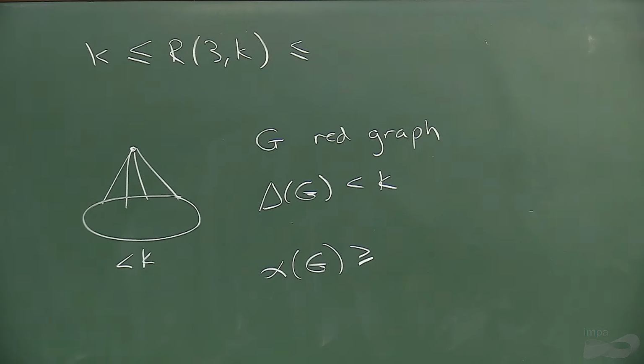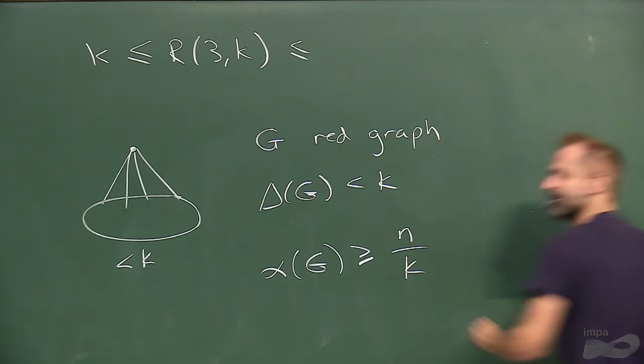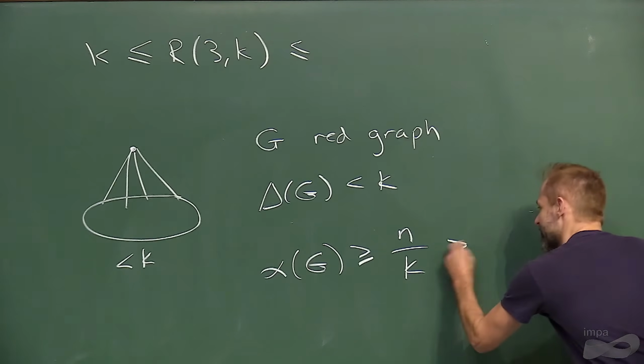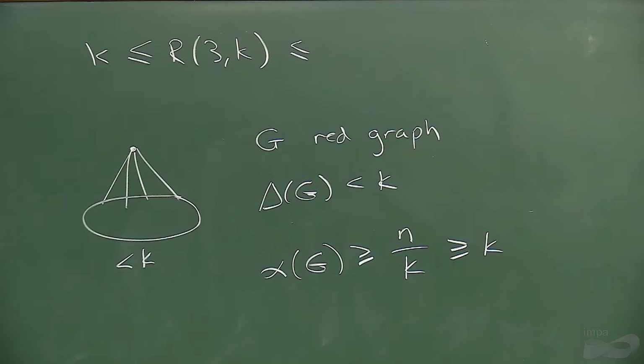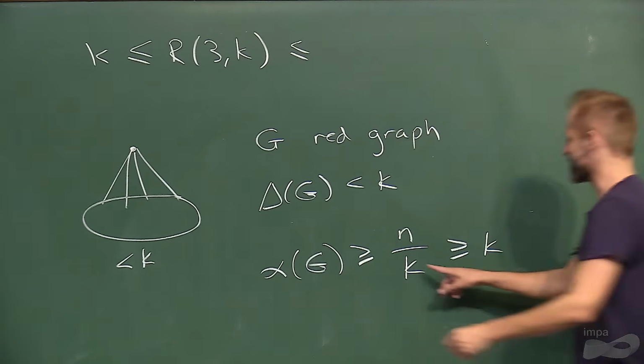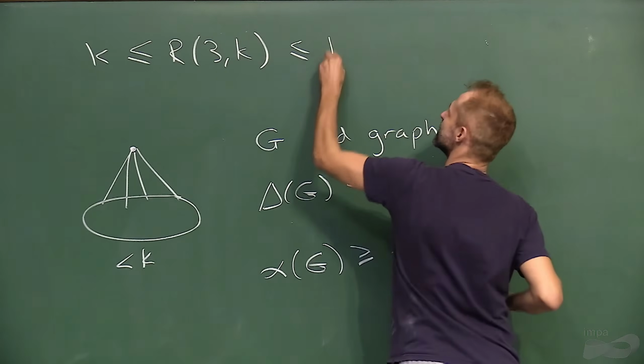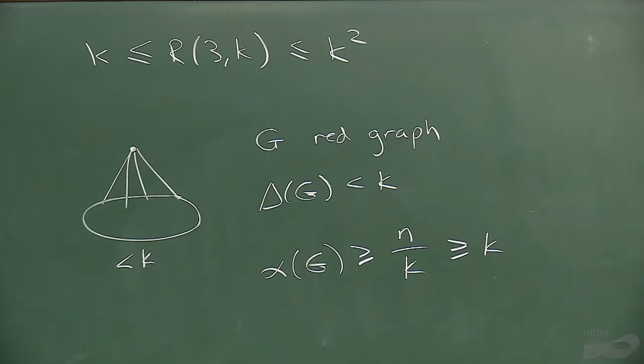The crucial lemma: n over (Delta of G plus 1) is at least n over k. And we would like that to be at least k, and it is, if n is at least k squared. So R(3, k) is at most k squared. Okay? So this simple little lemma we just proved before actually was useful.